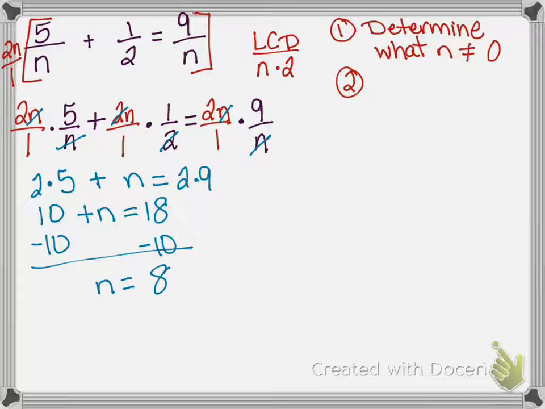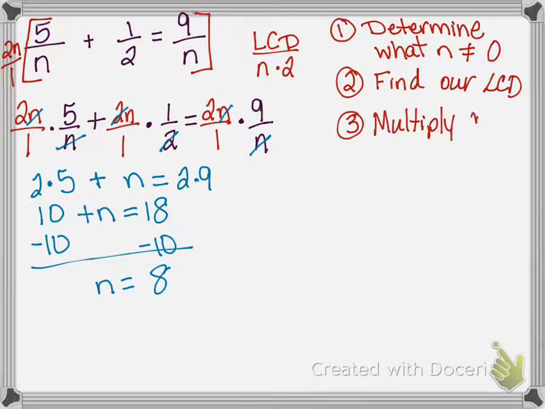The second thing we did was find our LCD, and that LCD is going to include variables now. Third thing, we multiply all terms by the LCD.